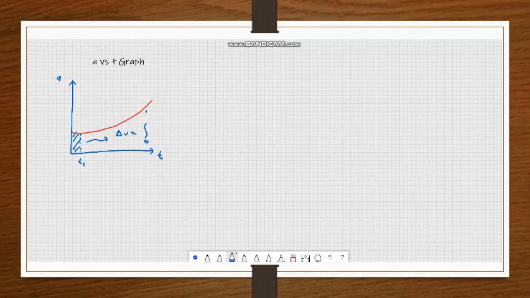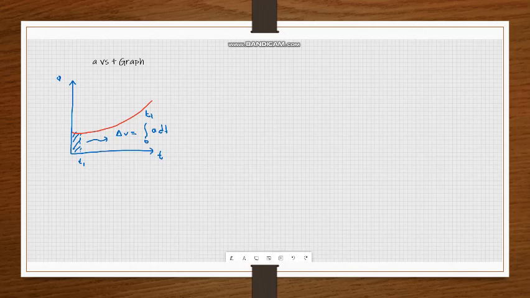We take the integral of a dt; if we have the function of this curve and take the area under it up to t1, it is going to give us the velocity change.